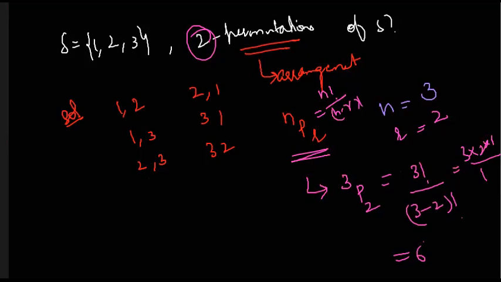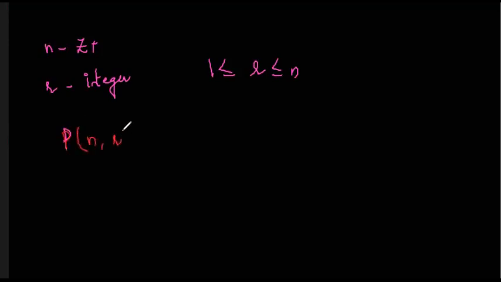Now, if n is a positive integer and R is an integer with R lying between 1 and n, then nPr can also be written as P(n, R), which is equivalent to n into (n minus 1) into (n minus 2) and so on till (n minus R plus 1).